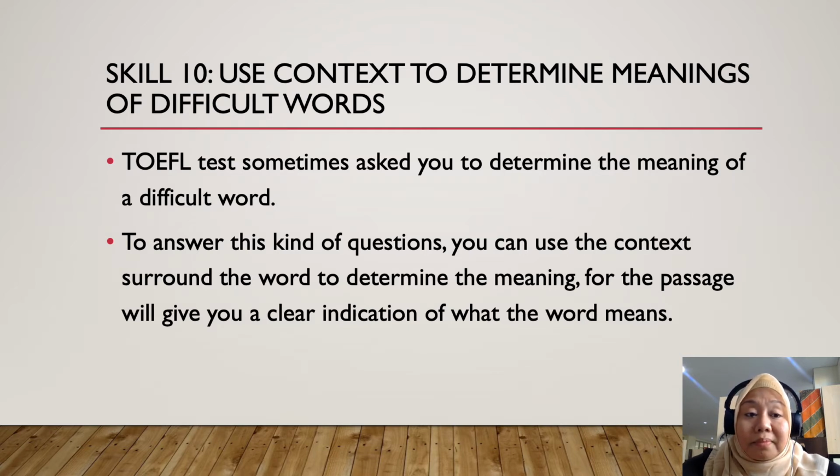To answer this kind of question, you can use the context around the word to determine the meaning, for the passage will give you a clear indication of what the word means. What does it mean by the context? It means the words before and after the word itself.